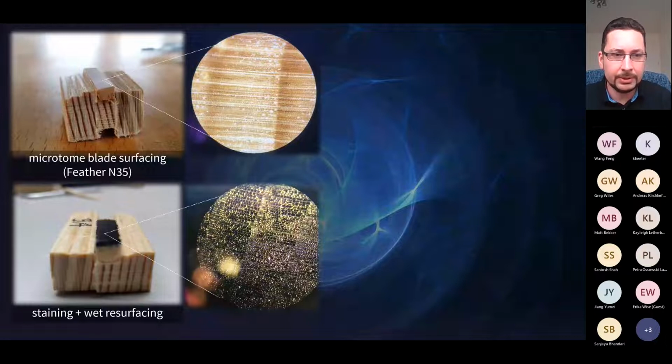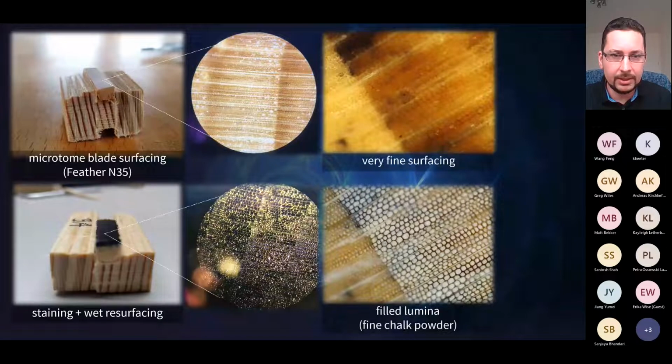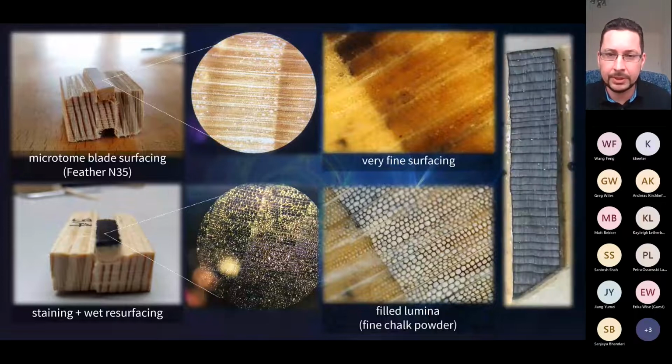We also experimented with staining of the samples to enhance and improve contrast, which can be helpful when working with high resolution images. And then we use very fine chalk powder to fill in the lumina to get that differentiation between the lumina and the cell wall.